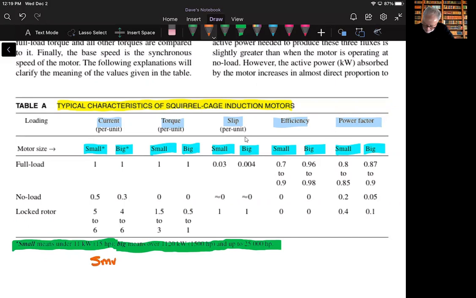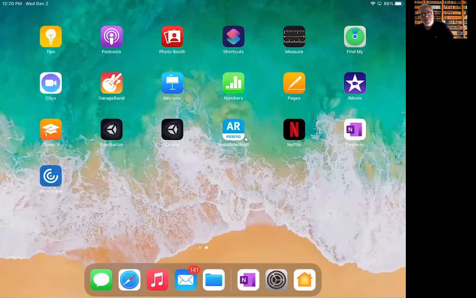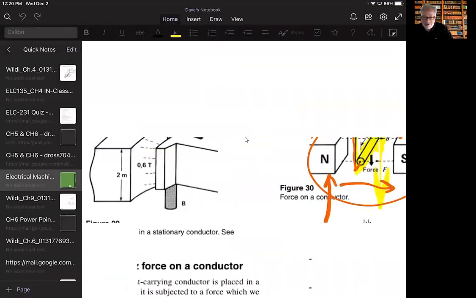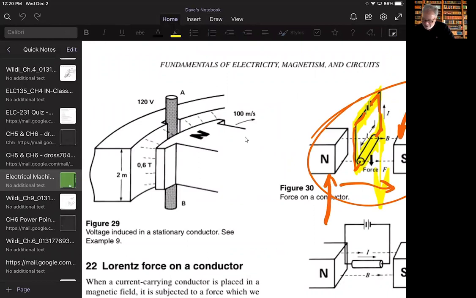I have small, which means up to 15 horsepower, and then big, which is over 1500 horsepower. There's a big area in between that's not specifically referenced. Keep that in mind as we go through this, and make sure you understand it as we explore this topic.